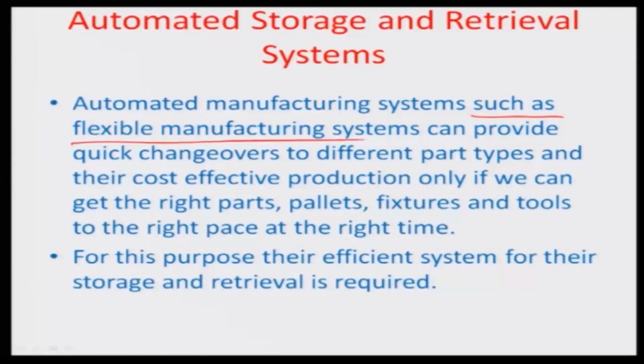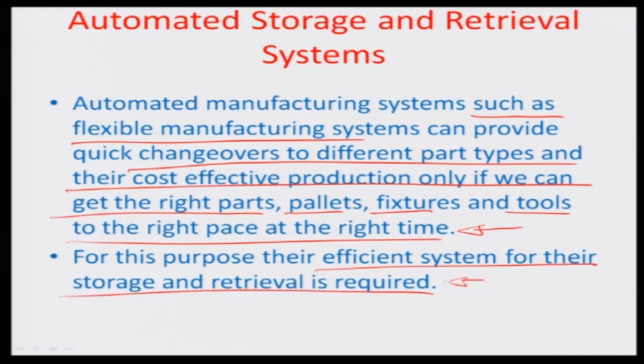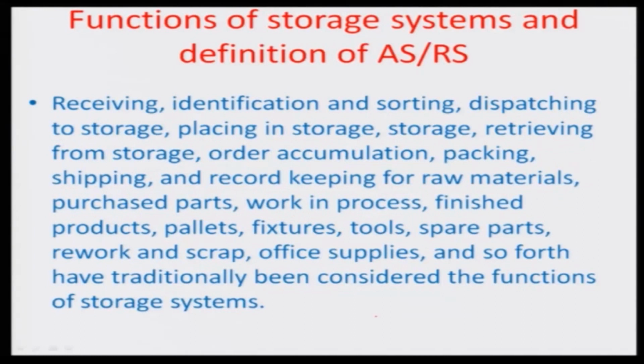Automated manufacturing systems such as FMS, flexible manufacturing systems, can provide quick changeovers to different part types and cost effective production only if we can get the right parts, pallets, fixtures, tools, etc., to the right place at the right time. For this purpose, an efficient system of storage and retrieval is needed, and by and large, if it can be automated, it is even better. That is why these ASRS systems come into place.